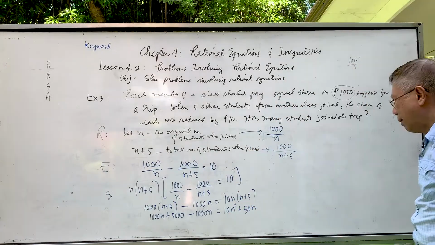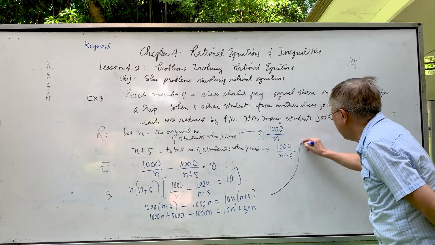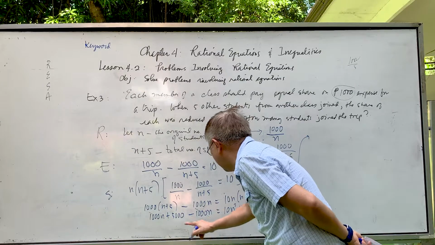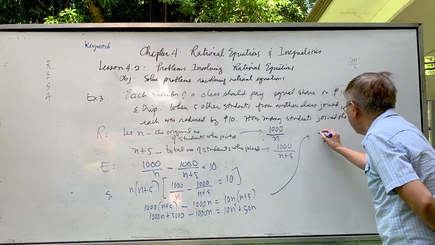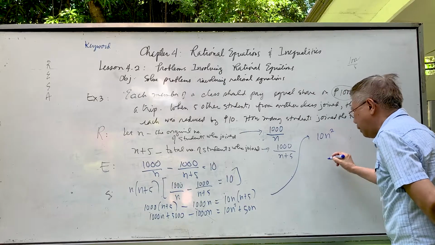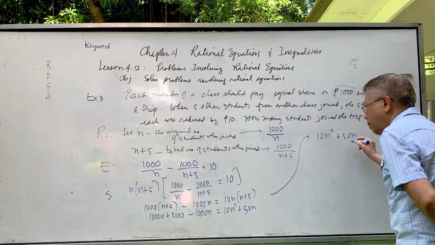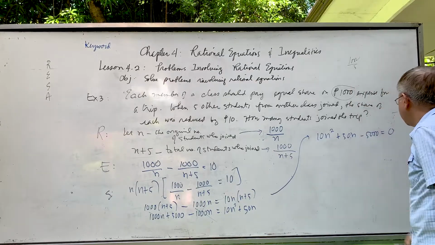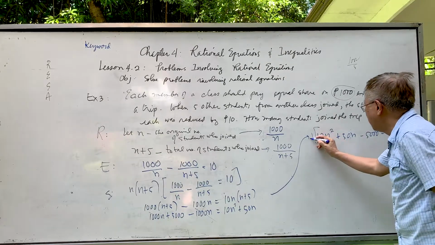Simplifying this, we get, this one cancels off, this one cancels off. So I have 5,000 on one side. I can transfer it to the other side. And my equation now becomes 10n squared plus 50n minus 5,000 equals 0. Now, I can multiply this by 1 over 10.